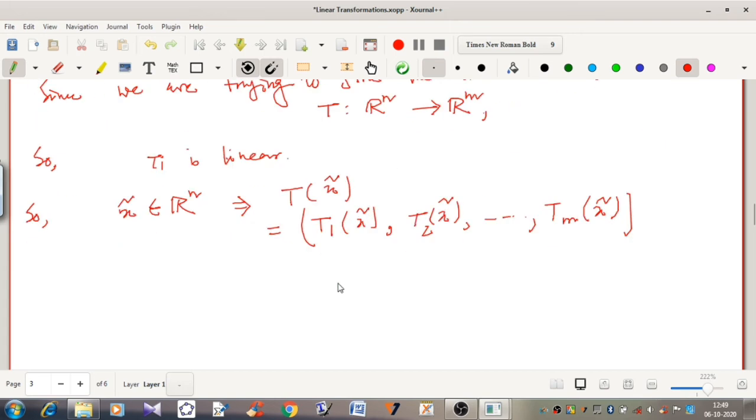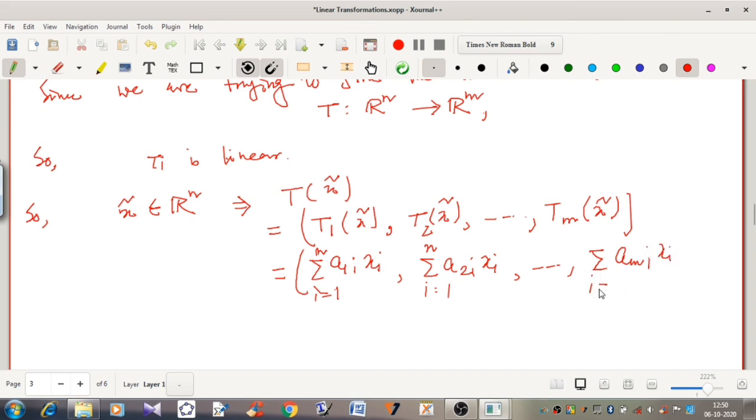Okay, so we can write it as the sum over i equal to 1 to n of a1i xi, comma, the sum over i equal to 1 to n of a2i xi, and the last image coordinate is the sum over i equal to 1 to n of ami xi.